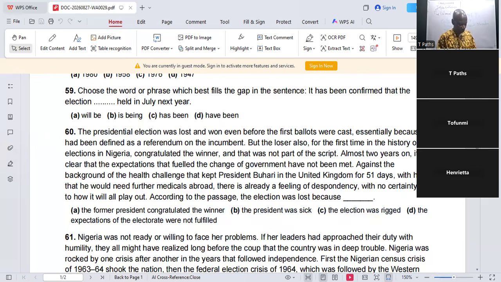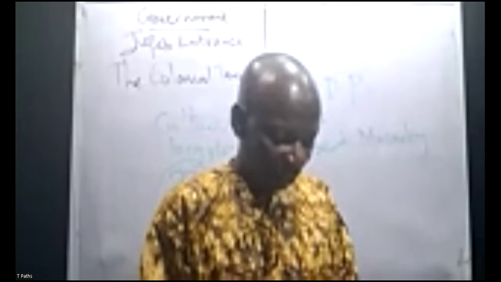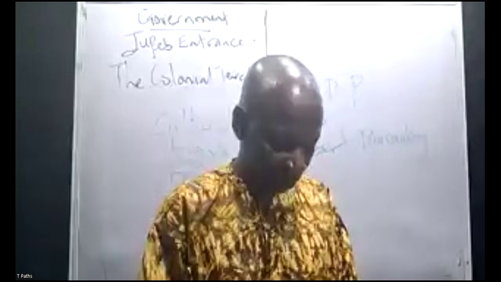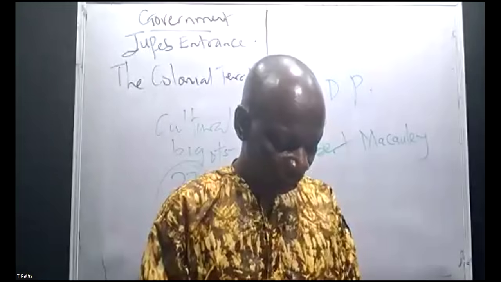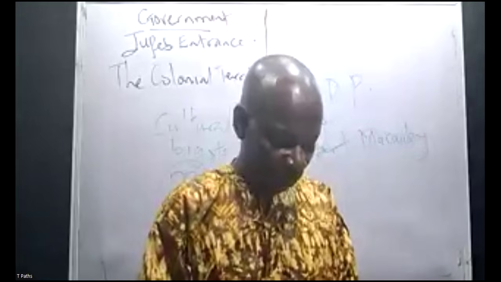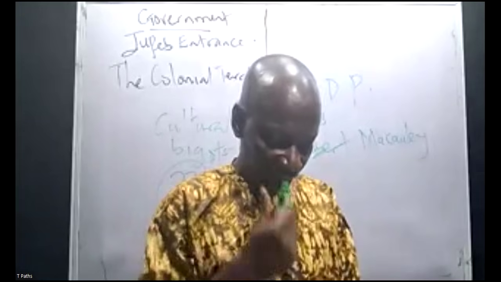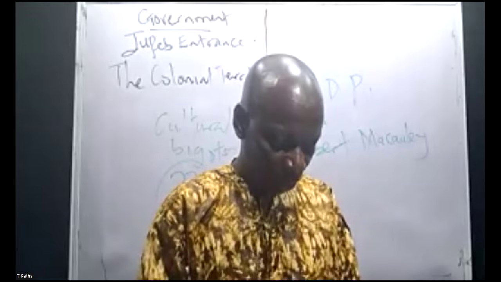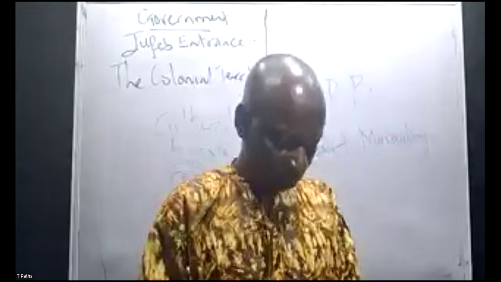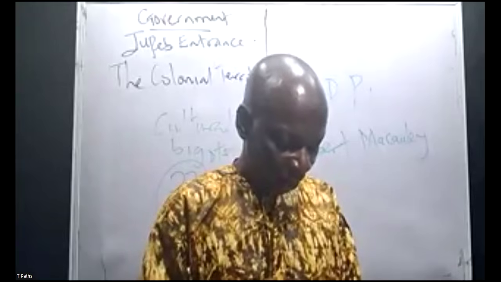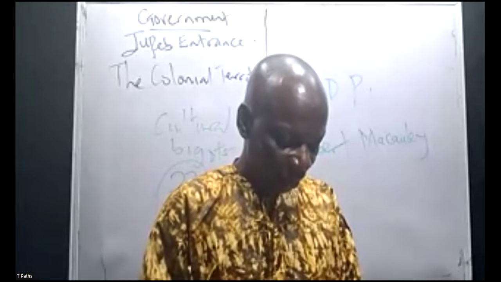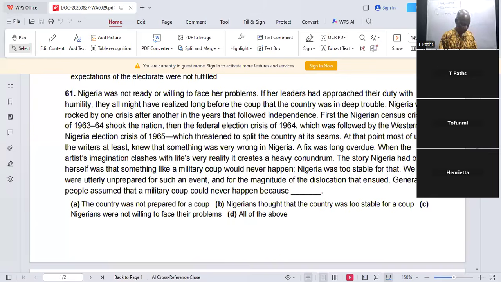Nigeria was not willing to face a problem. If our leaders had approached their duty with humility, they all might have realized long before the coup that the country was in deep trouble. Nigeria was rocked by one crisis after another in the years that followed independence. We know that we are in 1960.